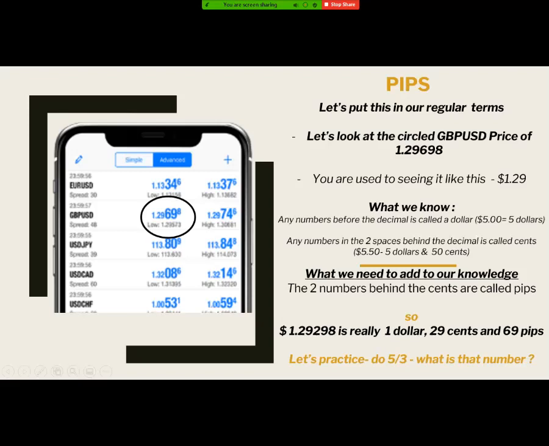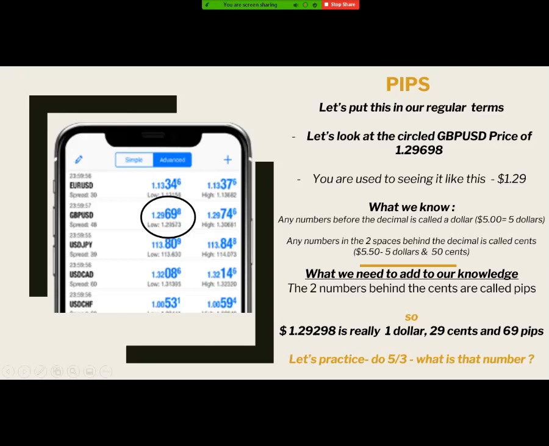So again, if we look at this price now, how would we read it? If we were to read it in layman's terms, it would be $1.29. I mistyped it, y'all, but it should be 69 pips. You can see here, it's 69 pips. So $1.29 and 69 pips.